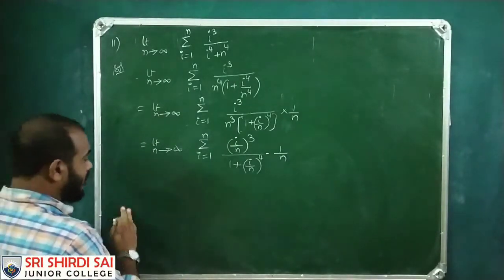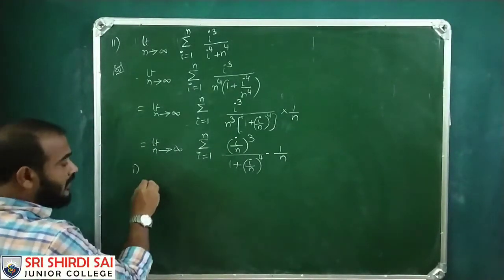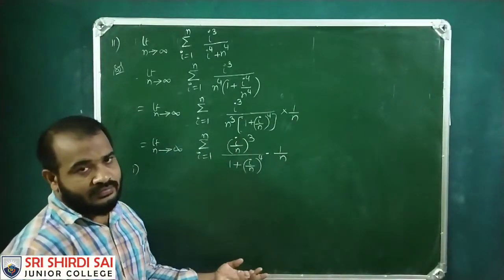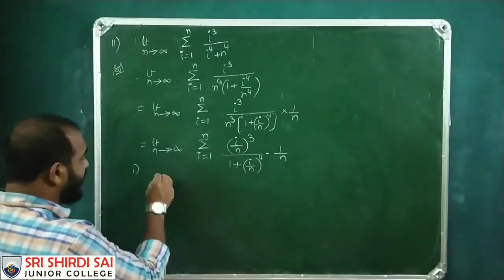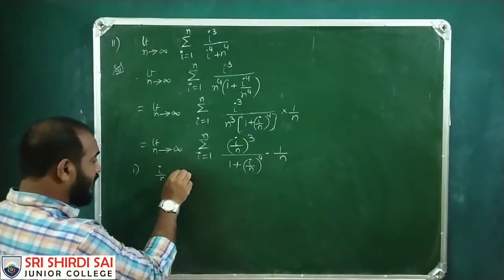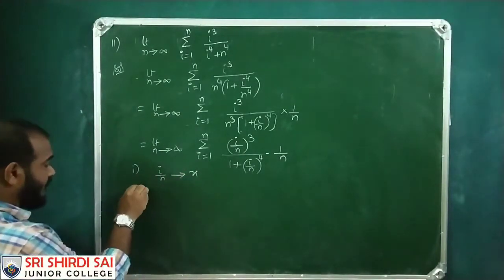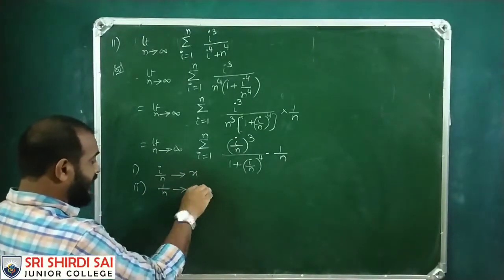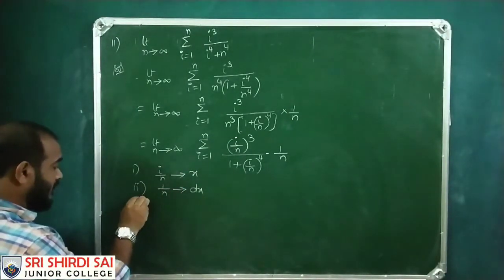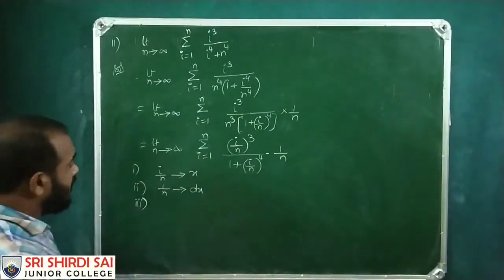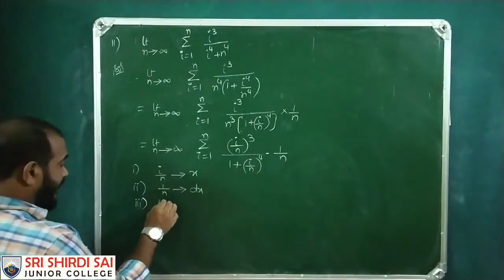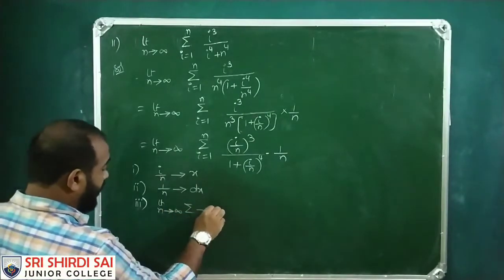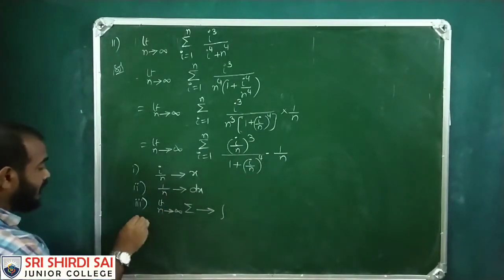So here, very first, instead of r by n, I have i by n. So i by n is to be replaced with x. Second, 1 by n is to be replaced with dx. Thirdly, limit n tends to infinity, sigma has become integration.